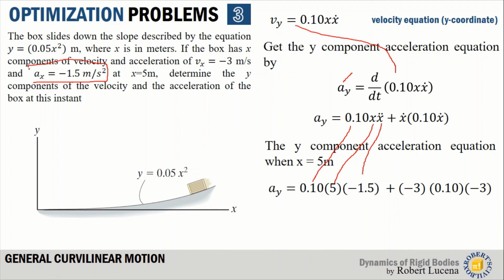Acceleration Ax is also x double dot, we have discussed that, and x dot is negative 3, that's given. 0.10 times x dot is again negative 3.